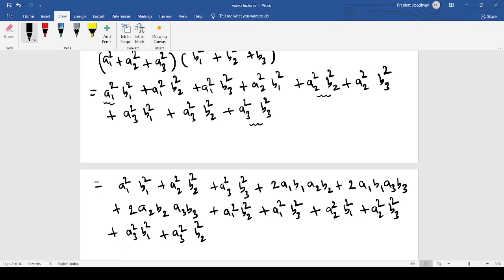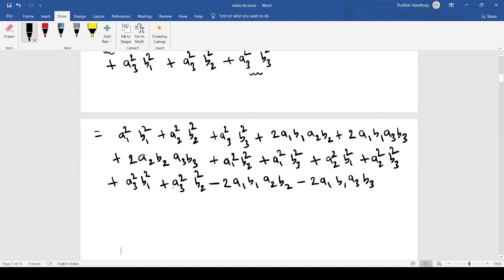And since I have added these 3 terms 2a1 b1 a2 b2, 2a1 b1 a3 b3, 2a2 b2 a3 b3, to balance it I will have to subtract these 3 terms. So it will be minus 2a1 b1 a2 b2 minus 2a1 b1 a3 b3 minus 2 times a2 b2 a3 b3.